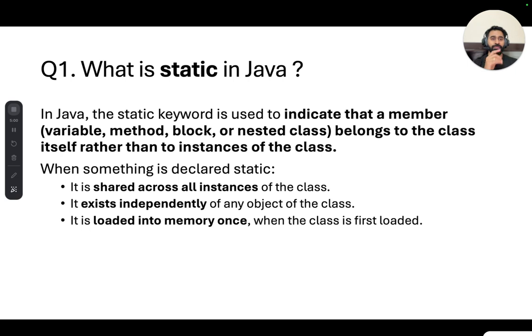If you want to keep common data and share it among all the instances of that class, you can use the static keyword for that variable. The second point: it exists independently of any object of the class.